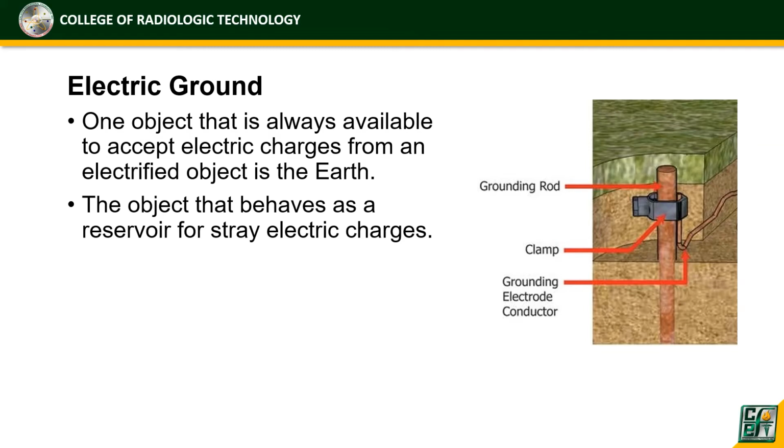Okay, kung makikita nyo, there is a grounding rod, clamp, and the grounding electrode conductor. So the electrode conductor, yan yung papunta doon sa electrical system ng either bahay or isang X-ray imaging system. Ibig sabihin, hindi tayo makukuryente dahil yung flow ng electron or ng electricity ay papunta sa lupa. Okay? So yan yung electric ground.